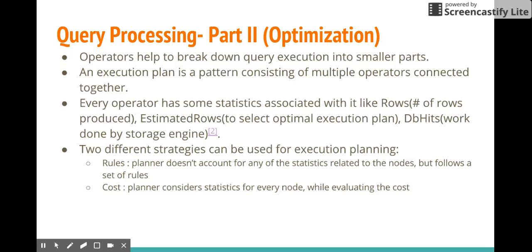The second is a cost-based strategy, in which the statistics for every node are considered by the planner while evaluating the cost for each execution plan. Hence, this approach ensures the least costly plan is selected. There is also an advanced version of query profiling for query optimization that can be used for manual query optimization.